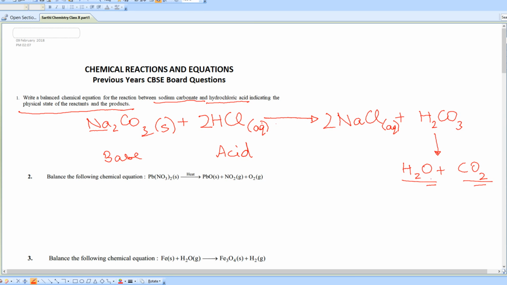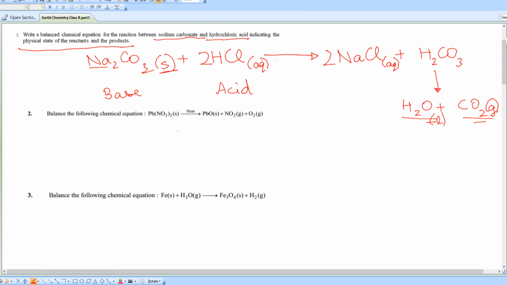H2O will be formed as a liquid, and CO2 gas will be evolved. These are the states that we have to mention. So we have to chalk out the question in 3 steps. First, we write the chemical equation, then we balance that equation, and lastly, we mention the physical states.